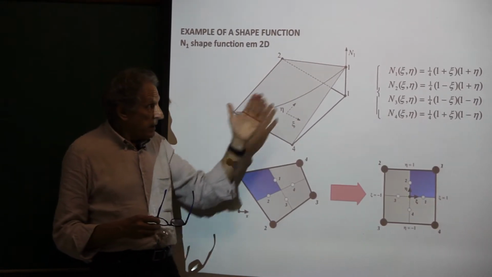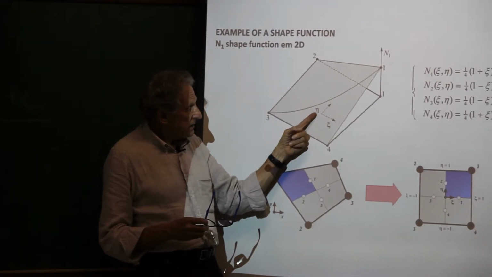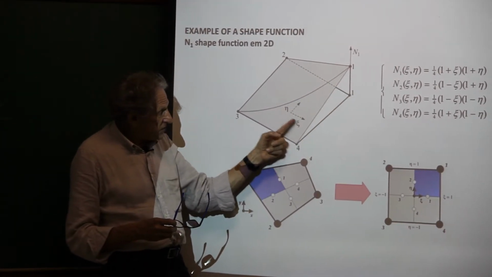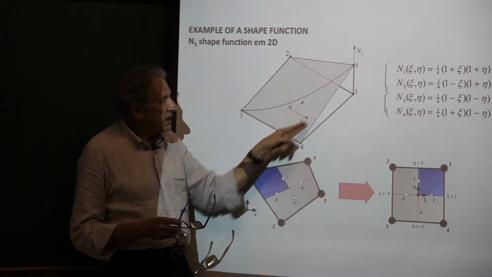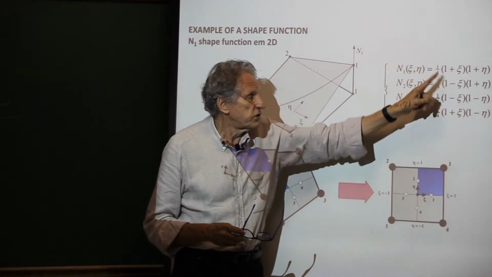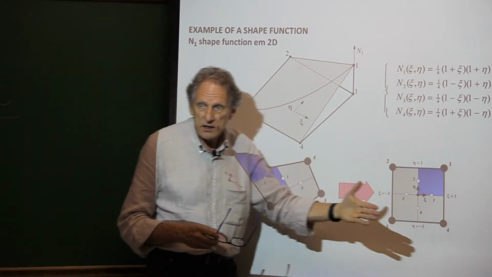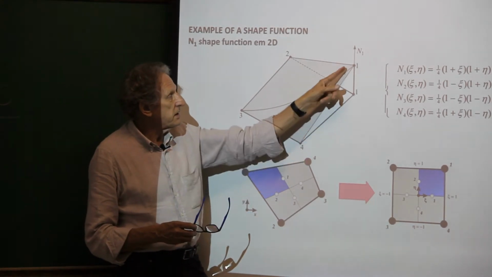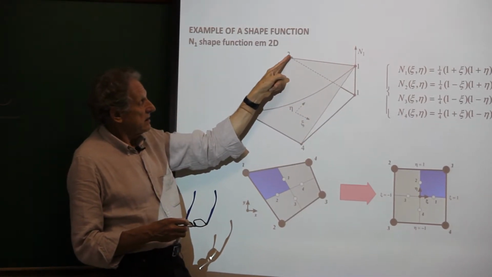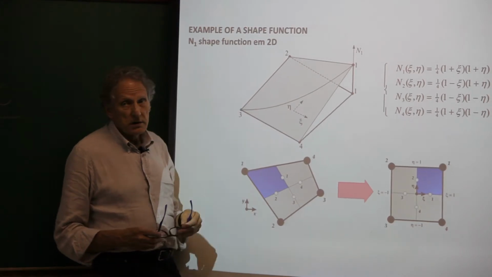And keeping xi constant, it's linear, of course. If I keep one of these two terms constant, it's linear. It's linear with eta here, it's linear with xi there, 0, 0.